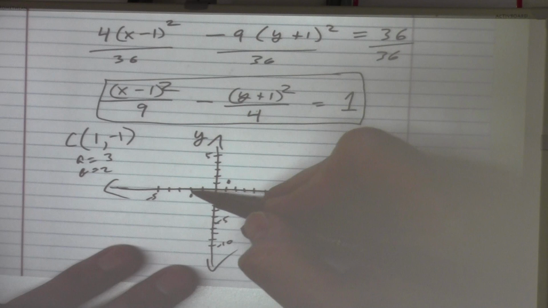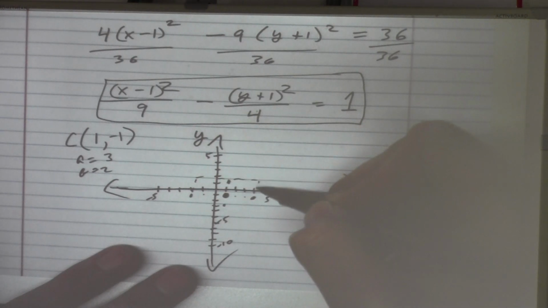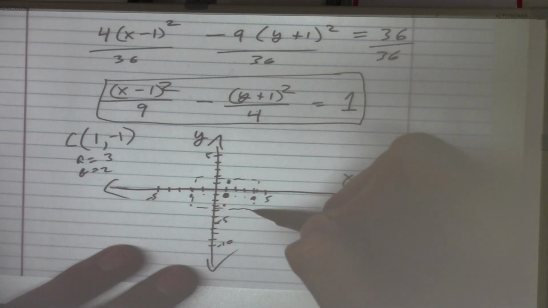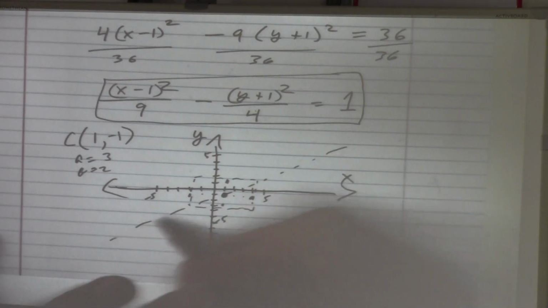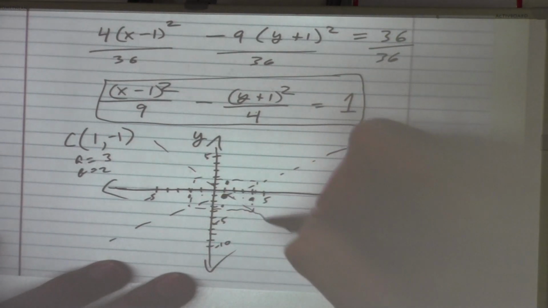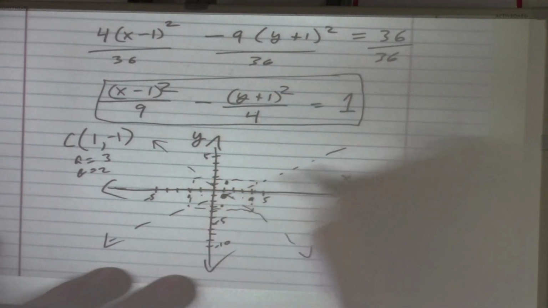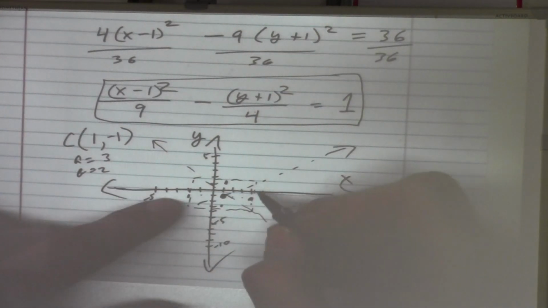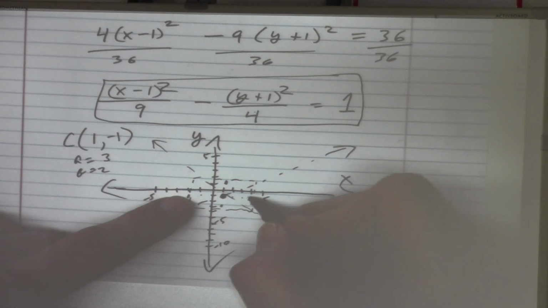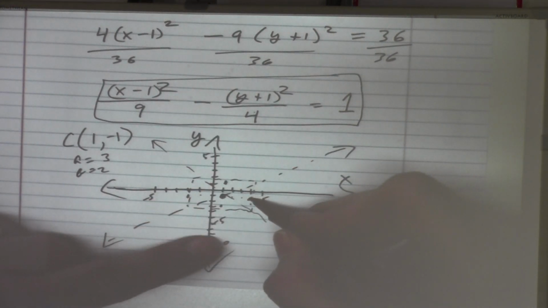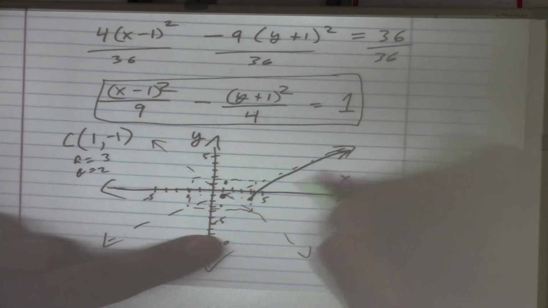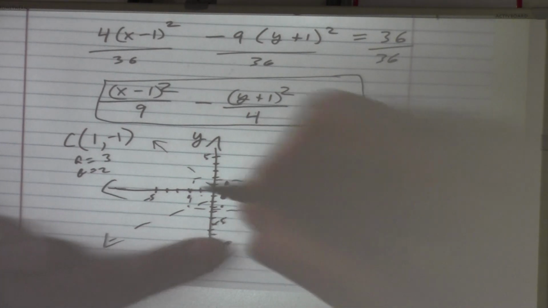So now we're going to make that little box to allow us to make asymptotes. The asymptotes run diagonally through the center. And then we go to the endpoints of the major axis, which is parallel to the x-axis, so it's the 3's. And that's where now we can make our arms of the hyperbola.